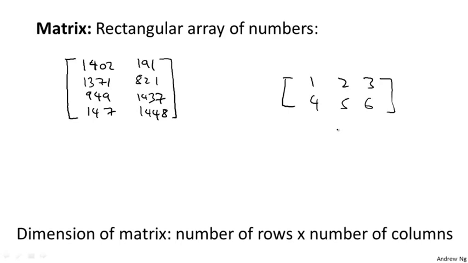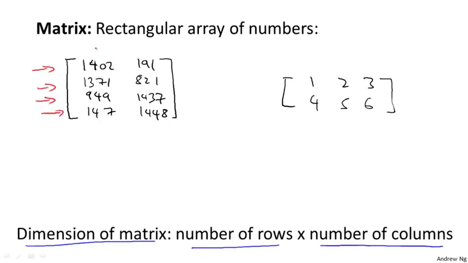The other piece of terminology we need is that the dimension of a matrix is written as the number of rows times the number of columns in the matrix. Concretely, this example on the left has 1, 2, 3, 4 rows, and it has 2 columns.